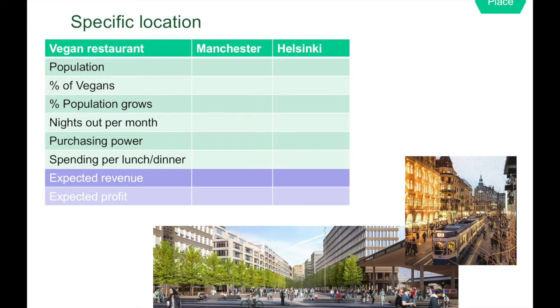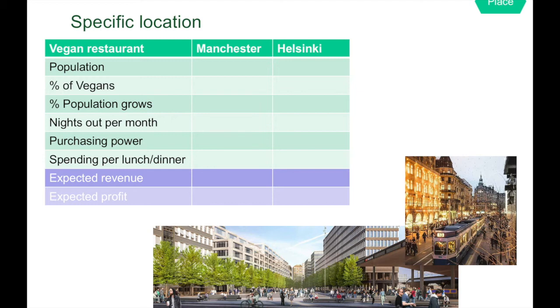So, for instance, if we had to find the right place for a vegan restaurant, and we would have to compare Manchester and Helsinki, just as an example, maybe we would do something like a small waterfall saying, okay, what is the population of each of those cities? What is the percentage of vegans? What is the population growth?